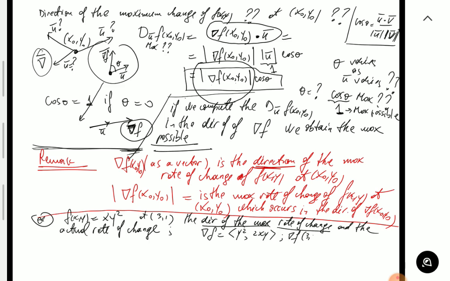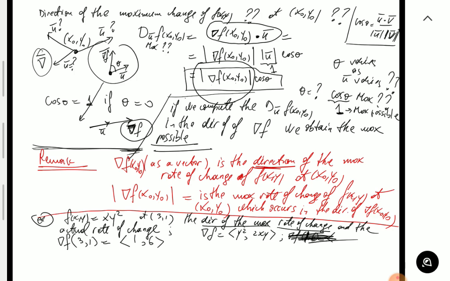Let me go one more time. The gradient at the point 3, 1: you plug in 1 for y, so y squared is 1, and then 2xy is 6. So the gradient is 1, 6.